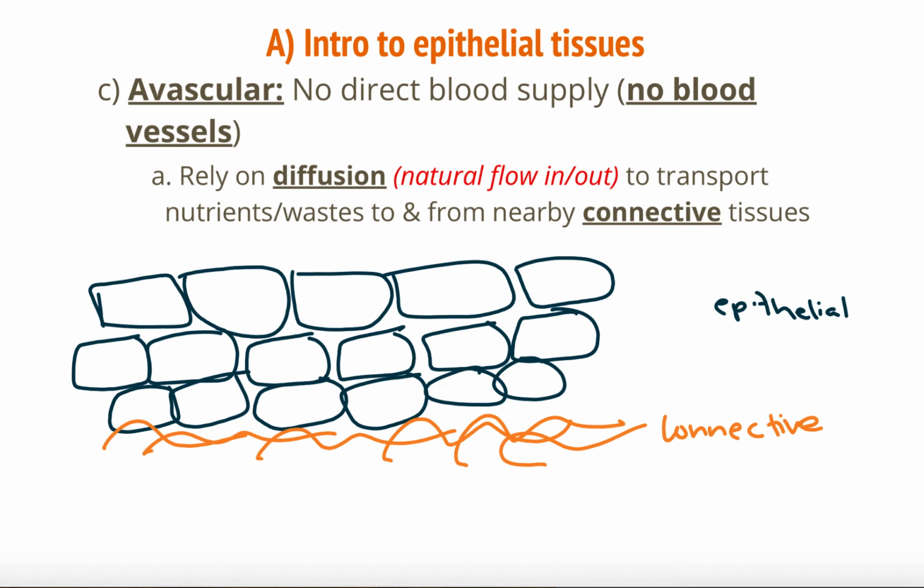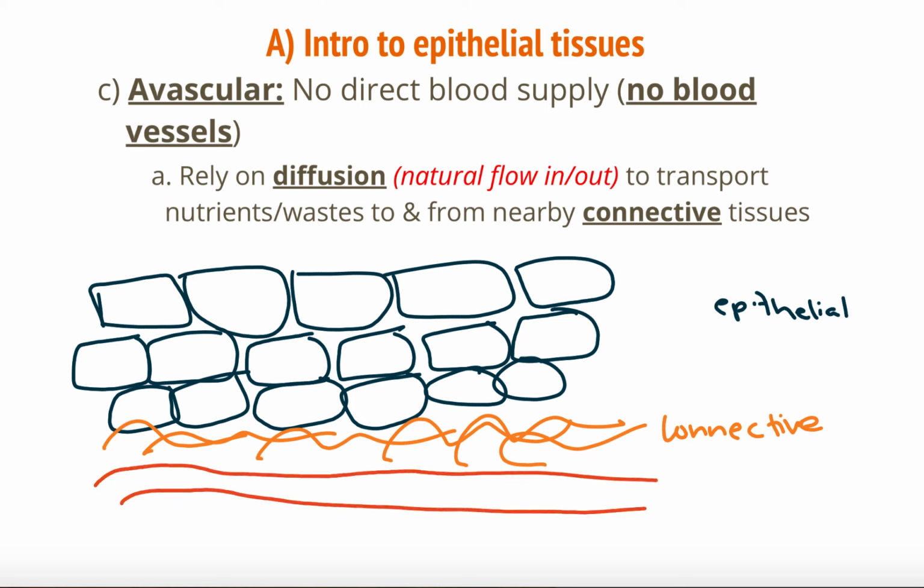So going back to that sketch earlier, you can add this to the prior sketch, or you can just make a new sketch. We have our epithelial cells on the very surface, and we have our connective tissue below it. The connective tissue, because it's not woven as tightly, can sometimes have a blood vessel with blood in it to help provide nutrients and pick up waste from the epithelial cells.